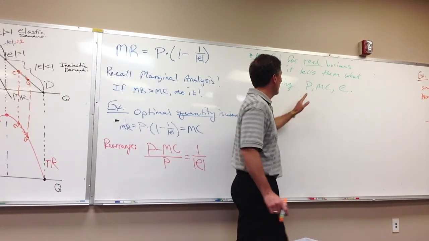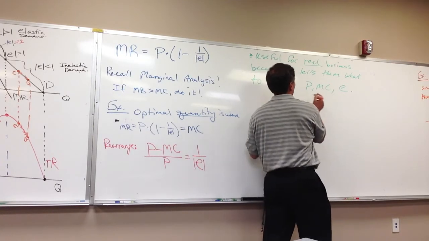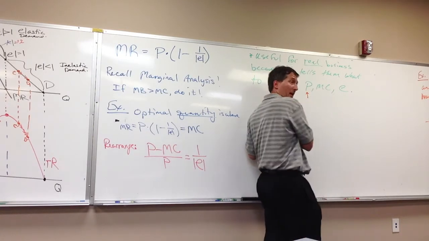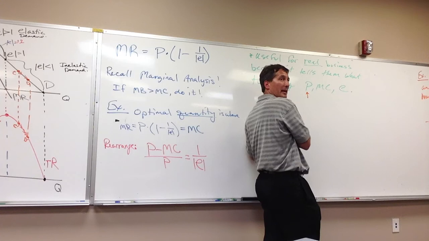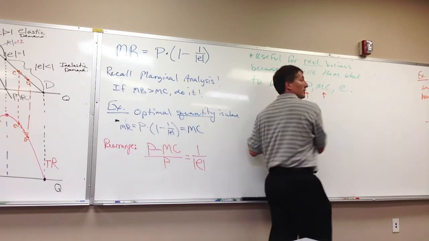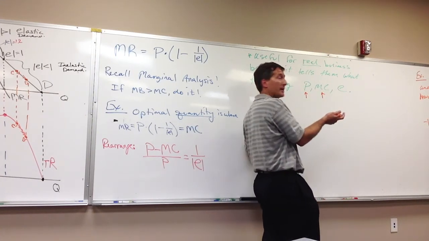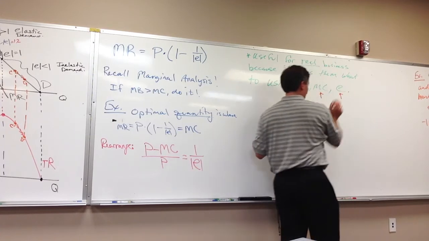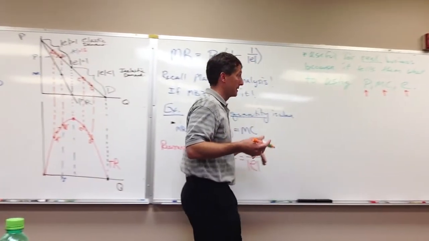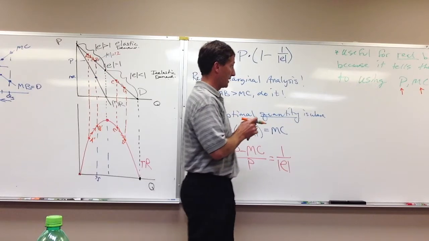But if all three of these are known, so they should have a pretty good idea what they're selling the product at right now, right? Hopefully they can reasonably estimate what the cost of an additional unit is. And they might need a little help with that, but if they know the elasticity of demand, now we can use this for decision making.